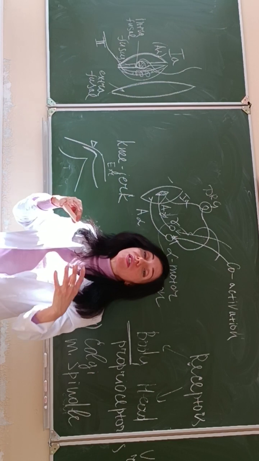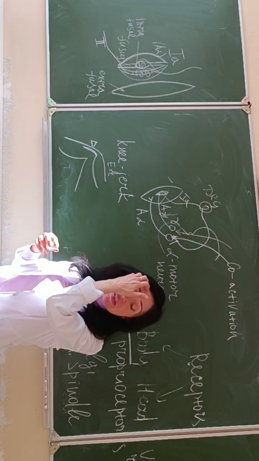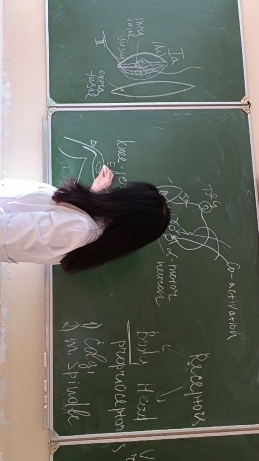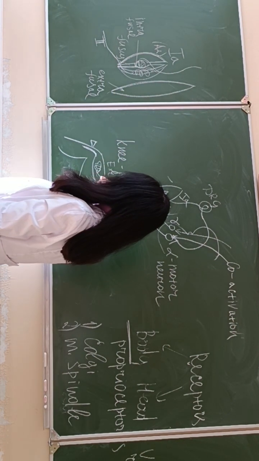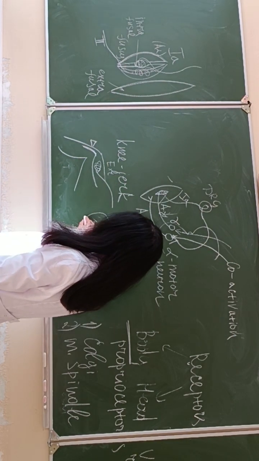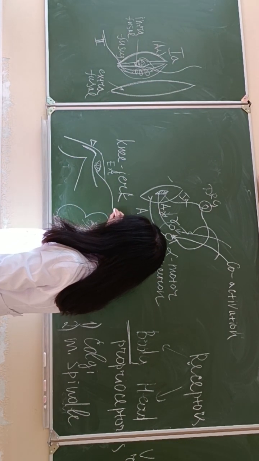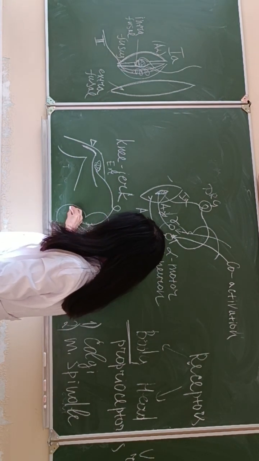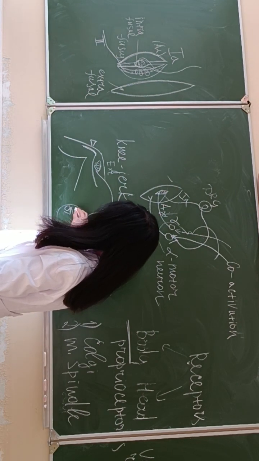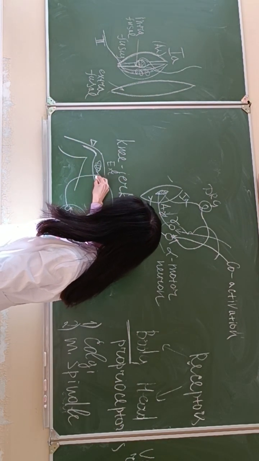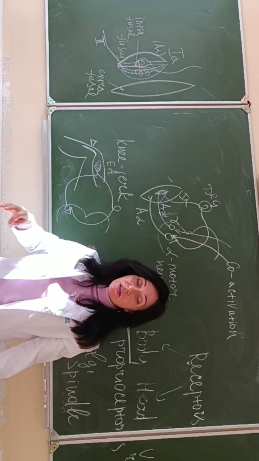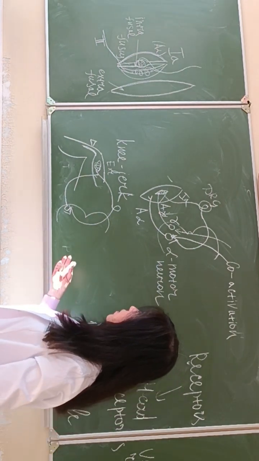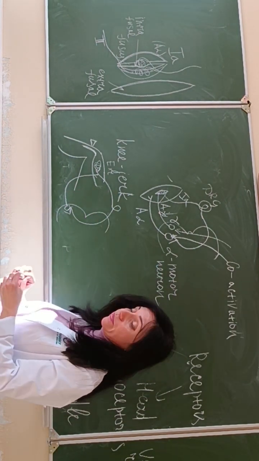Muscle is more stretchable, it has more elasticity. It excites the muscle spindle, primary A sensory neuron, and monosynaptic reflex. It excites, the muscle contracts, and you can see movement of the leg. This is the knee jerk reflex arc.